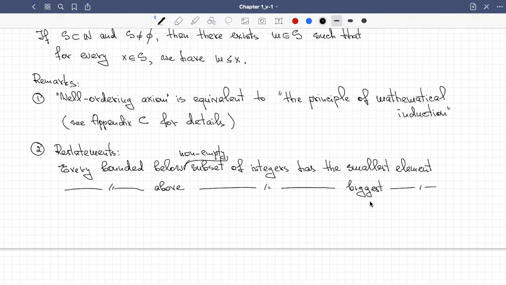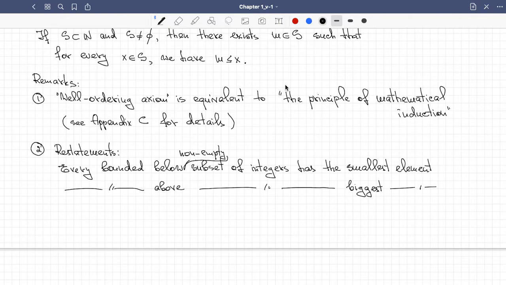So all these three formulations are equivalent, and all of them are equivalent to the principle of mathematical induction, our ability to make a proof by induction. This is what the principle of mathematical induction means: it is allowed to make an argument using mathematical induction.